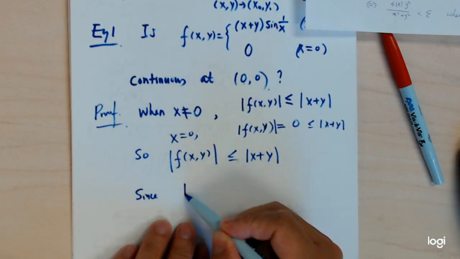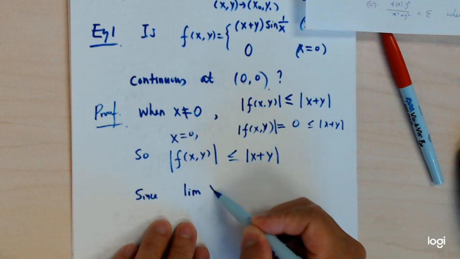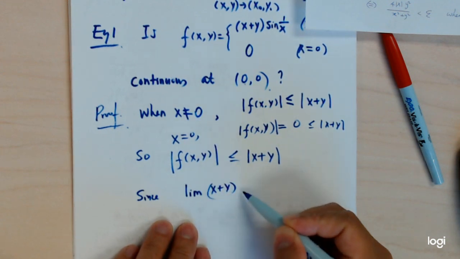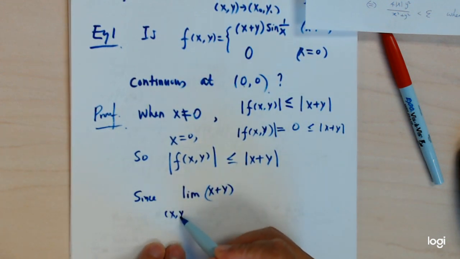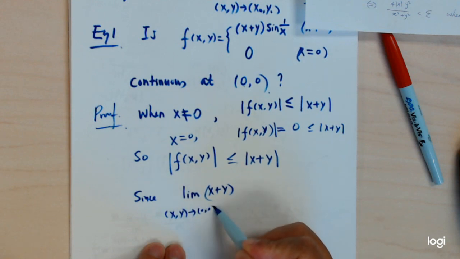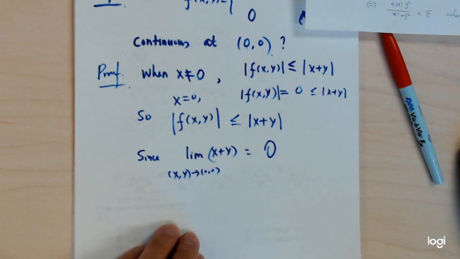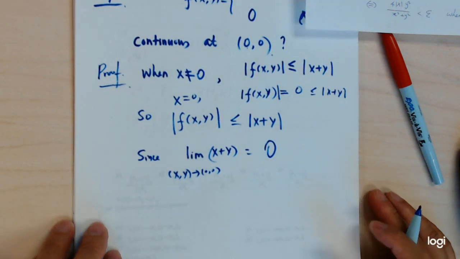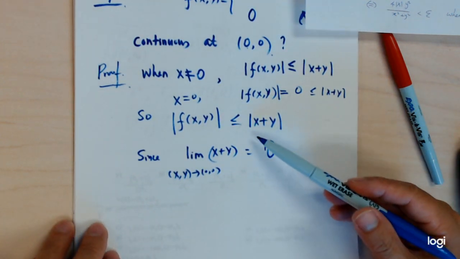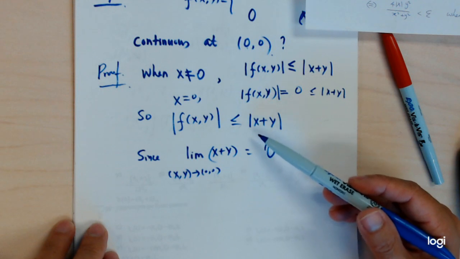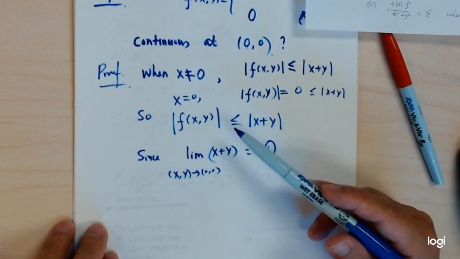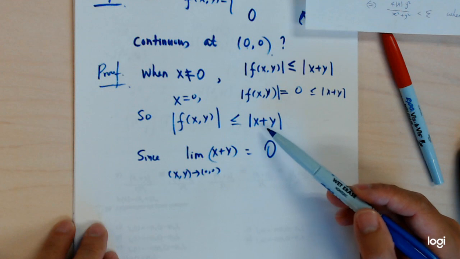And it's easy to see that the limit of x plus y is actually 0. So similarly, we have the squeeze theorem here. This goes to 0, and this one is bounded by x plus y absolute value.